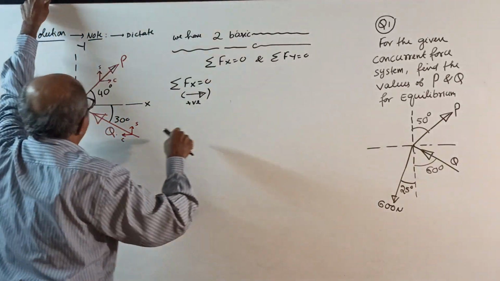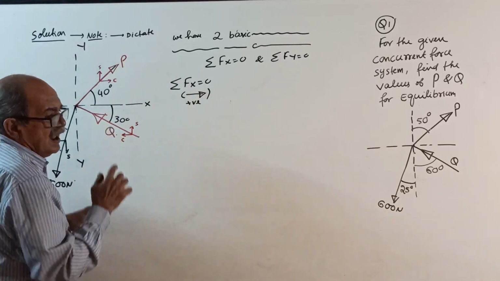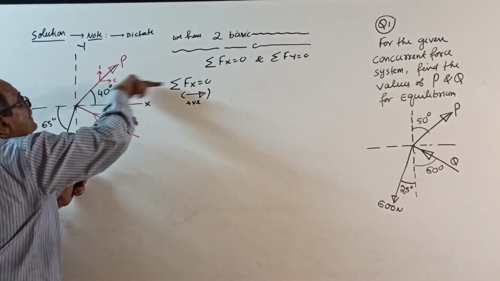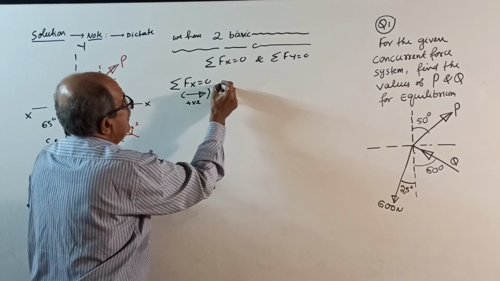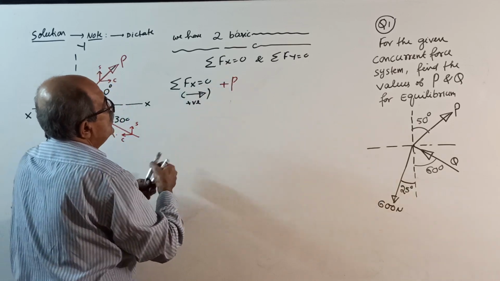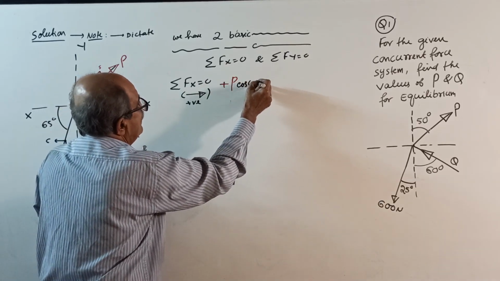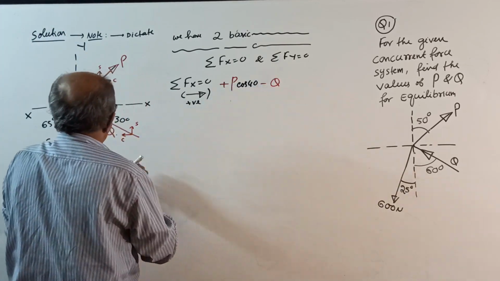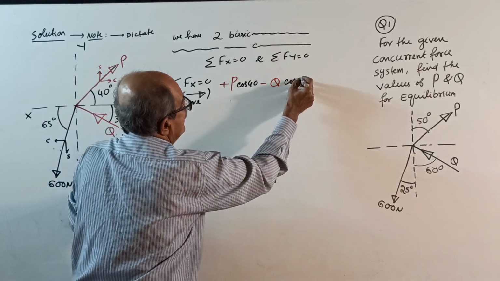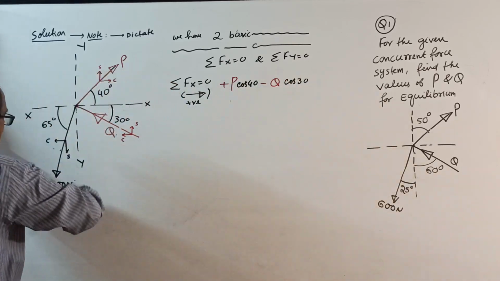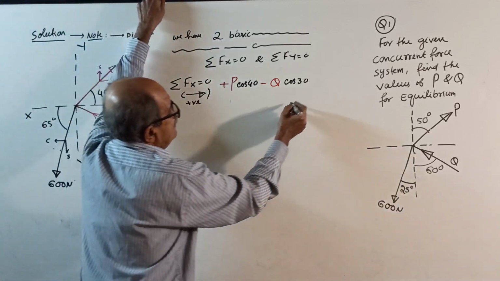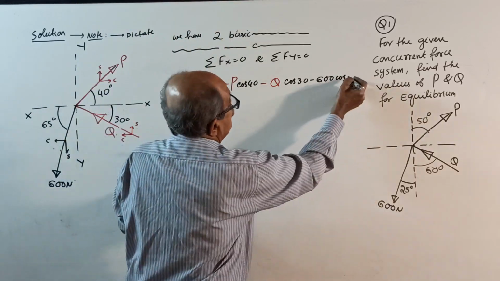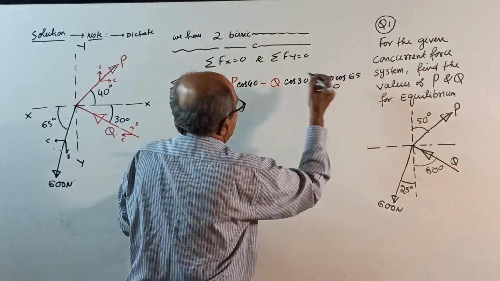So, right side positive. Therefore, P and Q are unknowns. For unknowns, I will use red color. Therefore, plus P cos 40, minus Q cos 30, minus 600 cos 65 equal to 0.